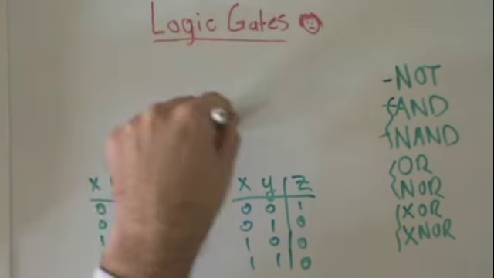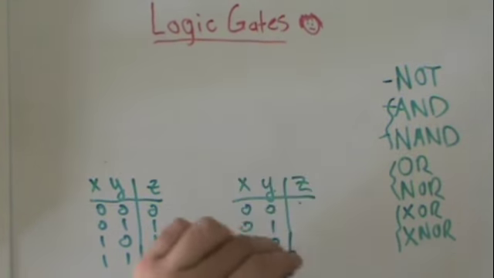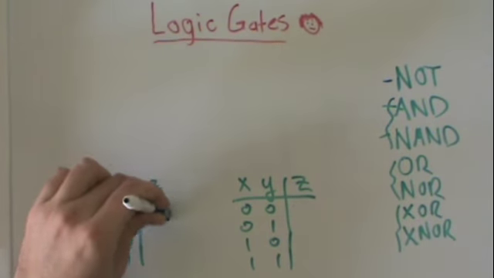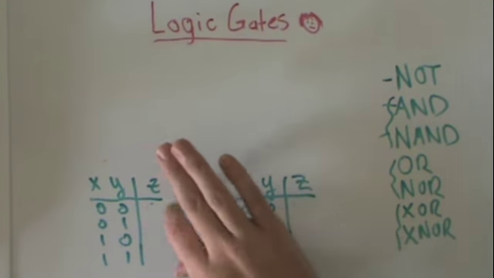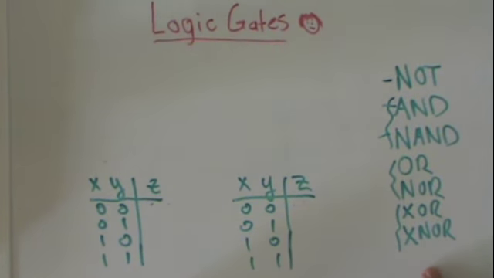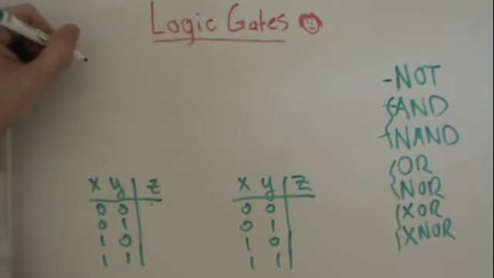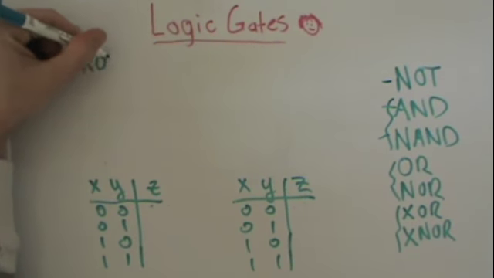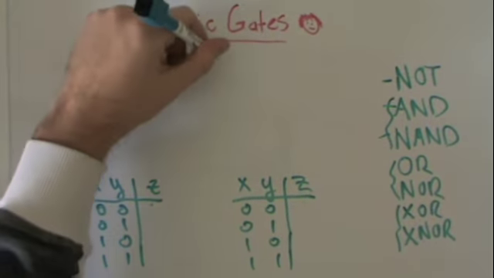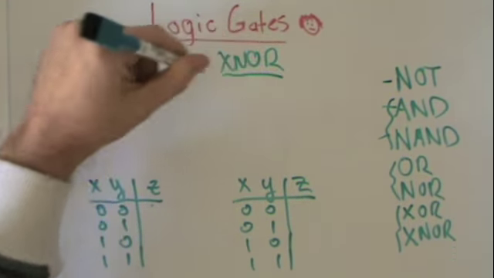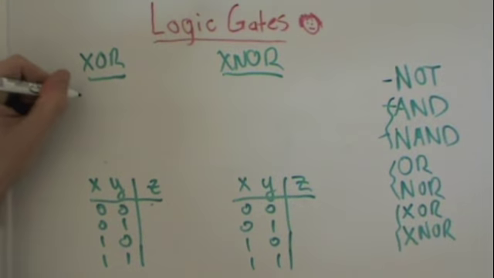Okay, last set, which I think is a cool set because they do cool things. The last set is going to be the exclusive OR and the exclusive NOR. Hopefully you guys can see the truth tables on there. Okay, XOR.